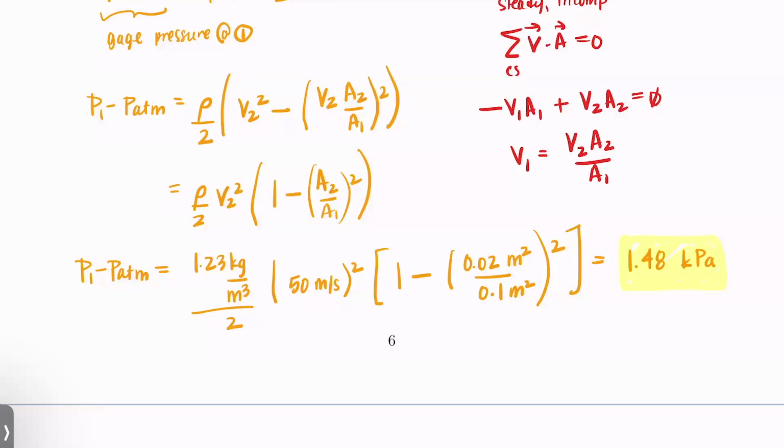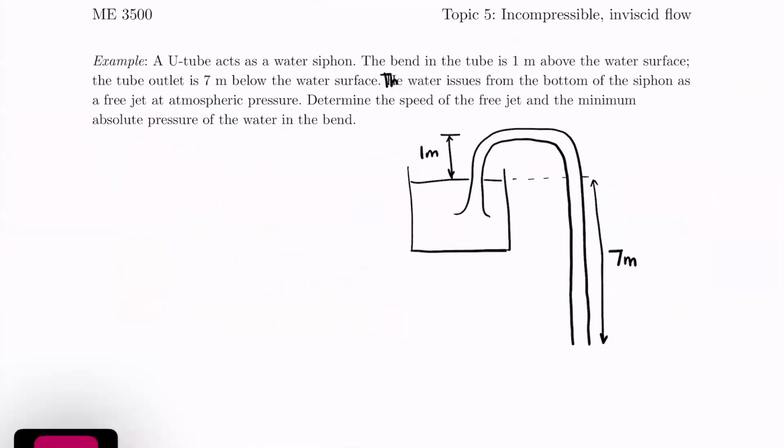Okay. We're going to do another example. And this example is about a siphon. So I'm going to draw a picture for this one as well. So we have a tank of water, and then we have a U-shaped tube that's going to act as a siphon. All right.